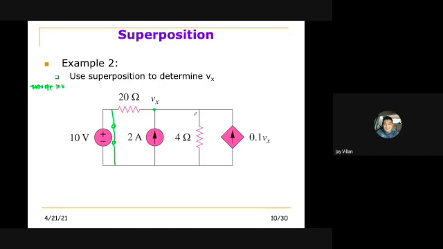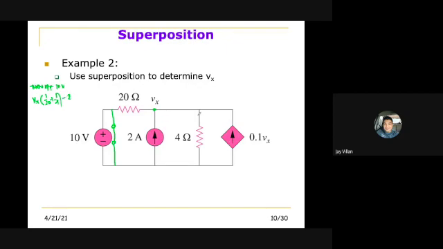So ito mahimo magamit either nodal analysis or mesh analysis. So Vx times 1/20 plus 1/4.